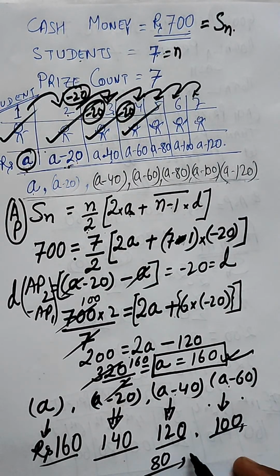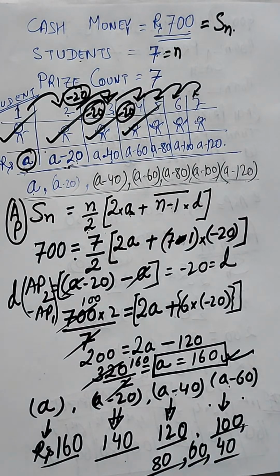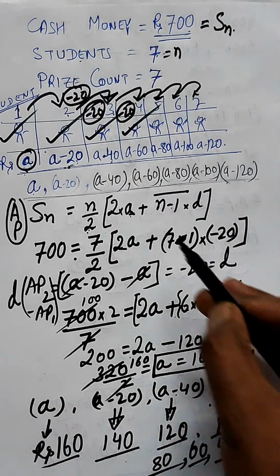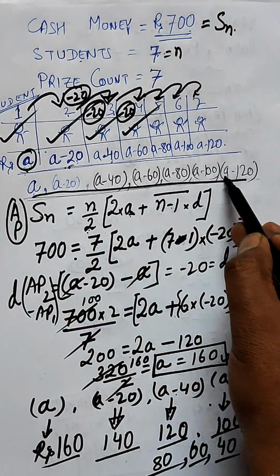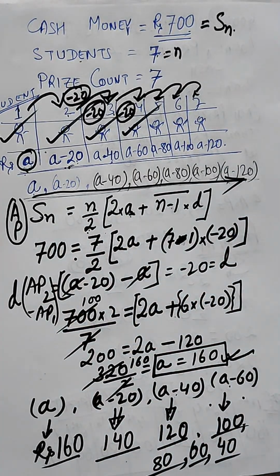Then again reduce 20 to get the value of 60, and again reduce 20 to get the value of 40. So 1, 2, 3, 4, 5, 6, 7. So all these 7 students will be getting their cash prize for their good academic performance, and this amount will be 160, 140, 120, 100, 80, 60, 40. And this is the series of AP which is formed, right?